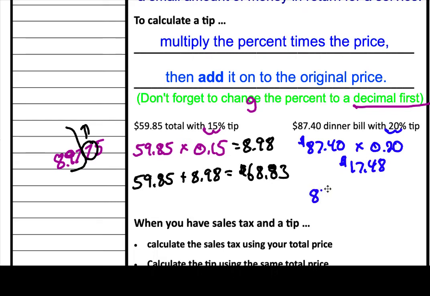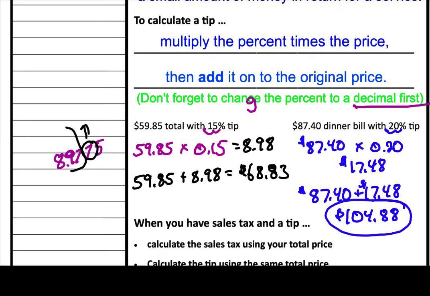That gets added to my total. So added that to 87.40, and I get a total of $104.88. That's how you calculate tip.